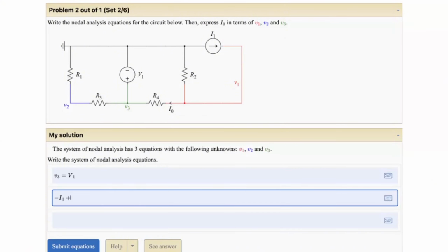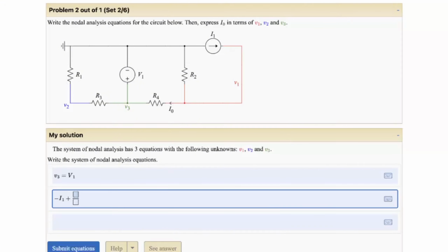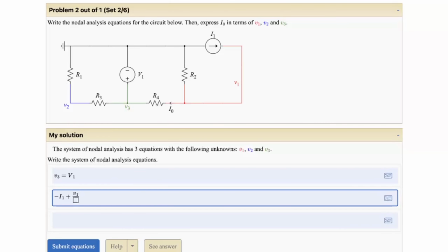plus, let's find the current going across the R2 resistor. So it's from V1 to the reference node. The reference node has a potential of 0 always. So the current across it using Ohm's law is going to be V1 minus 0, or we can just ignore that, over R2.